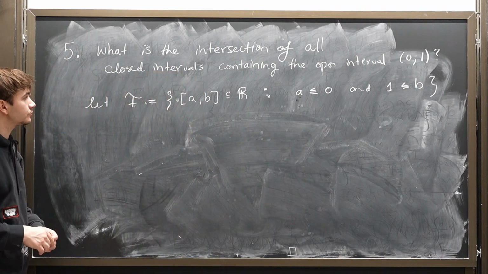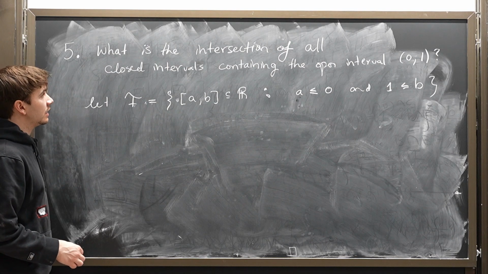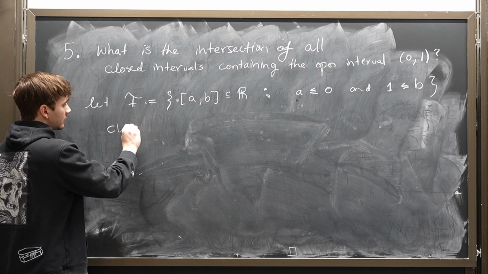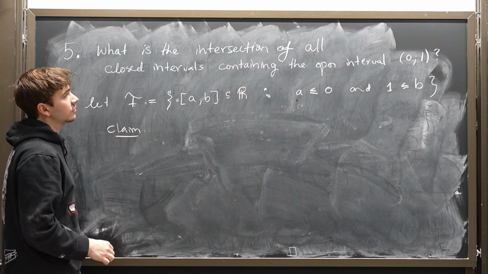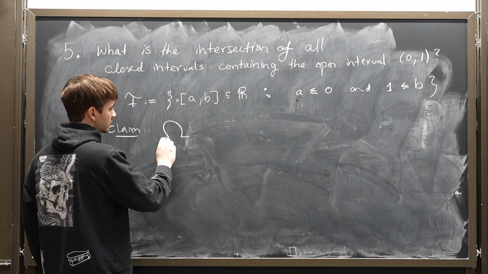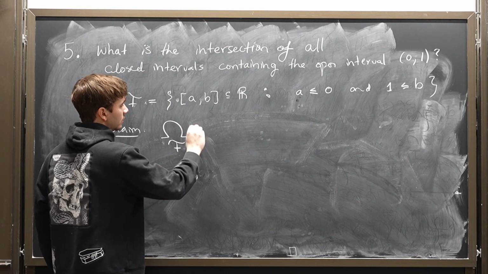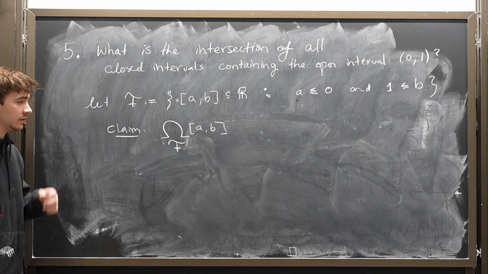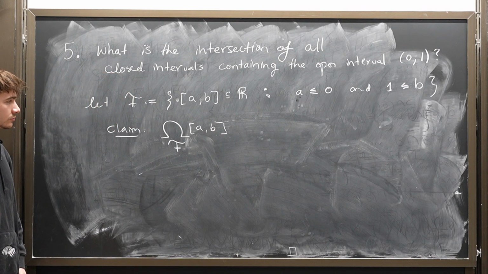Now, I'm looking at the intersection of all elements of this family. And I want to figure out what this intersection is. So the intersection over my entire family of these closed intervals [A, B].